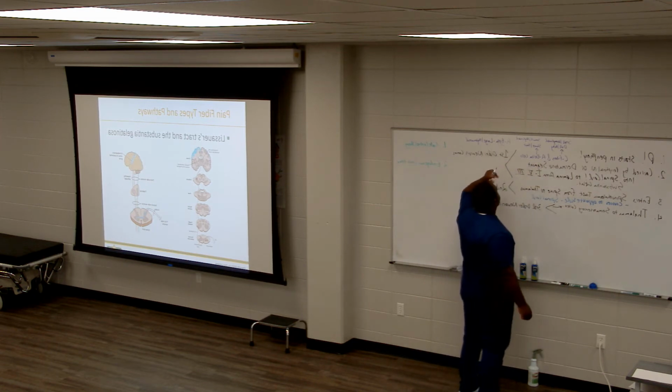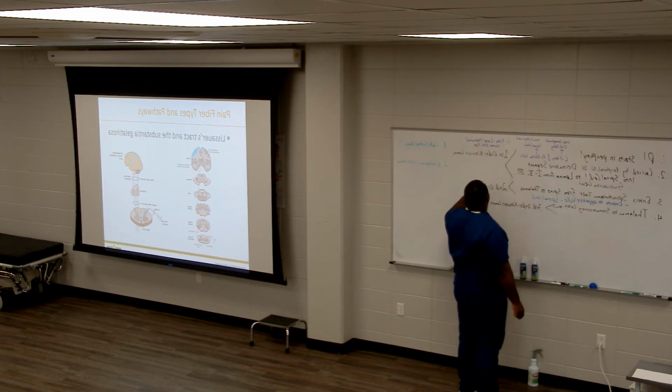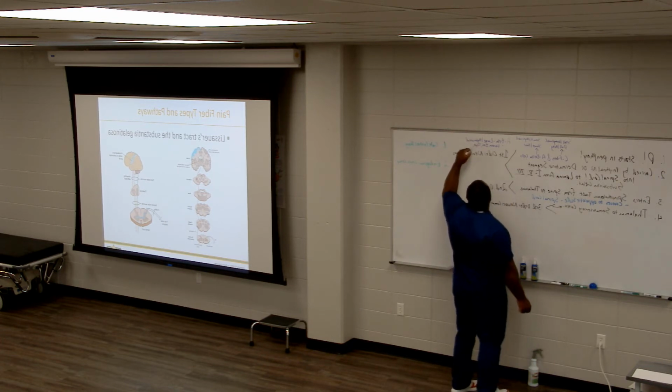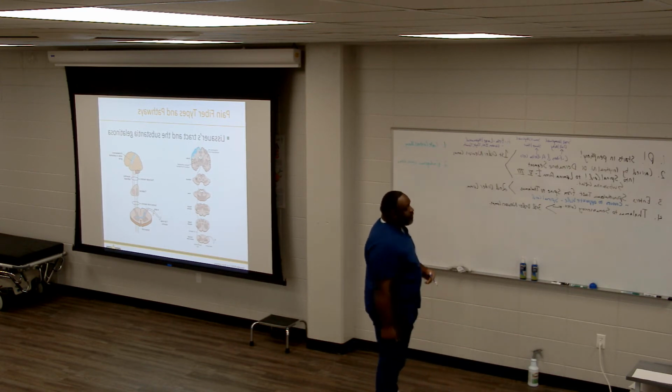What type of information do they carry? Vibration, itch, tingle. It's like a discriminative touch. Is it discriminative or gross touch? We'll just call it touch for right now. So it carries that information.